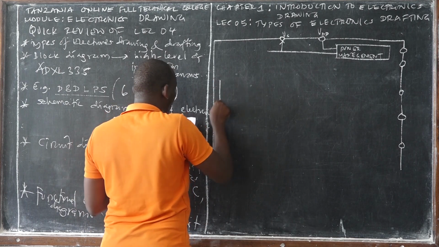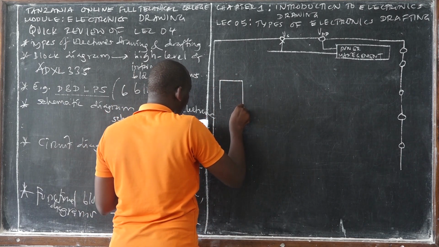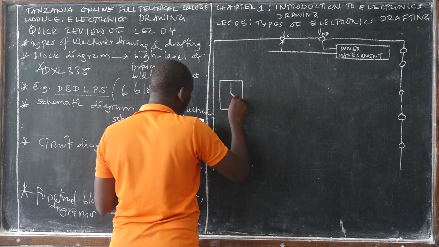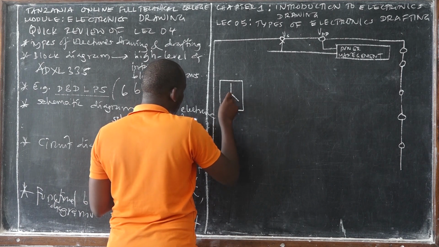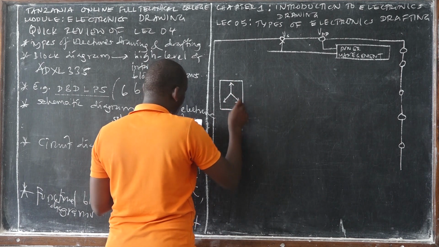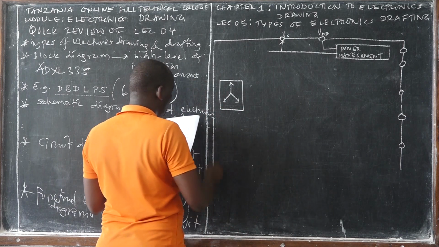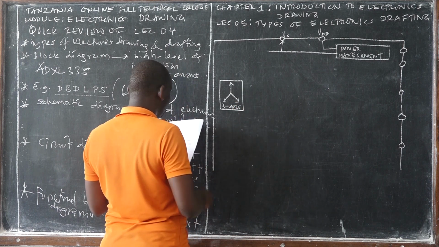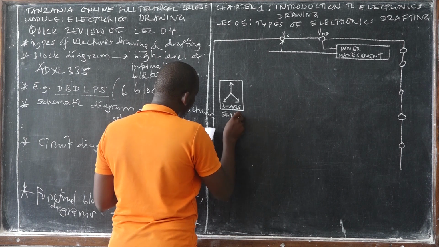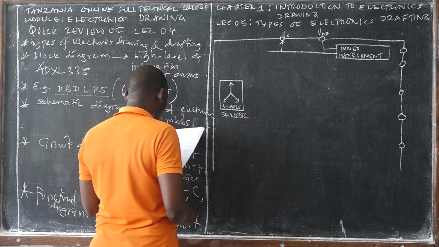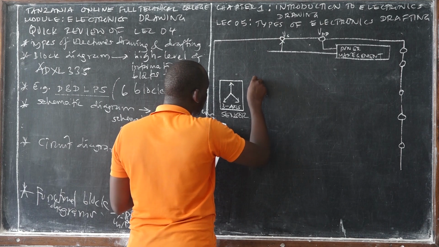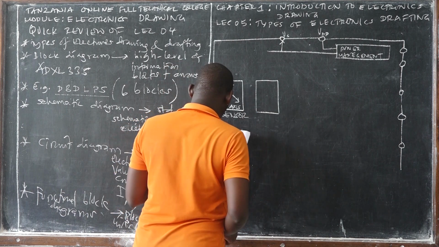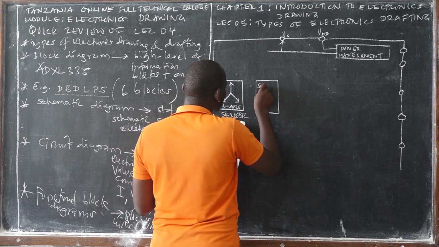So here we have a block that shows the three axes. This is the sensor. Here you have another block, the sensor electronics.